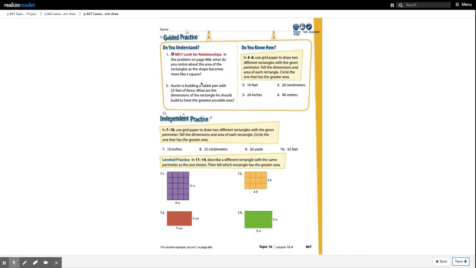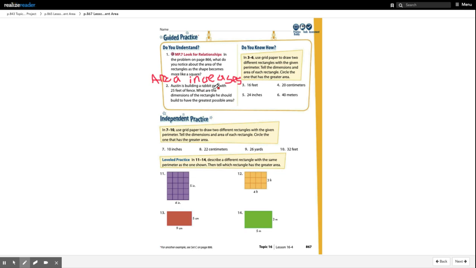If you said increases, you're right. So again, we're talking about same perimeter here, but different areas.